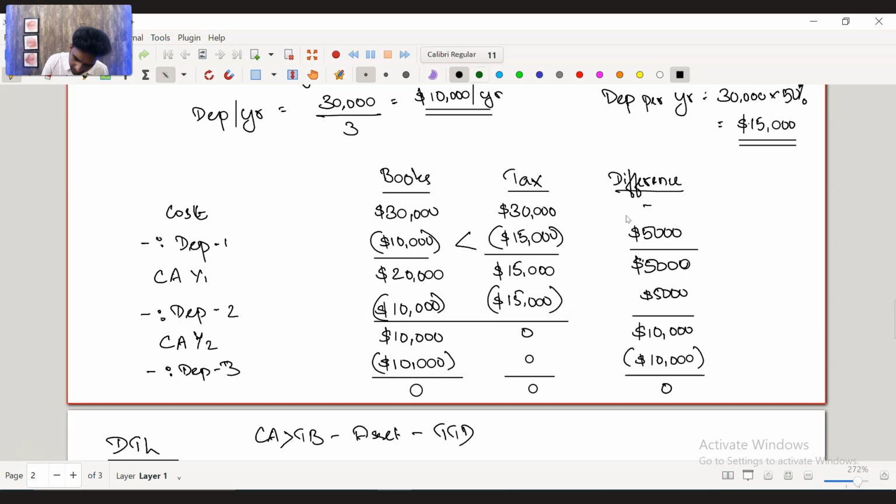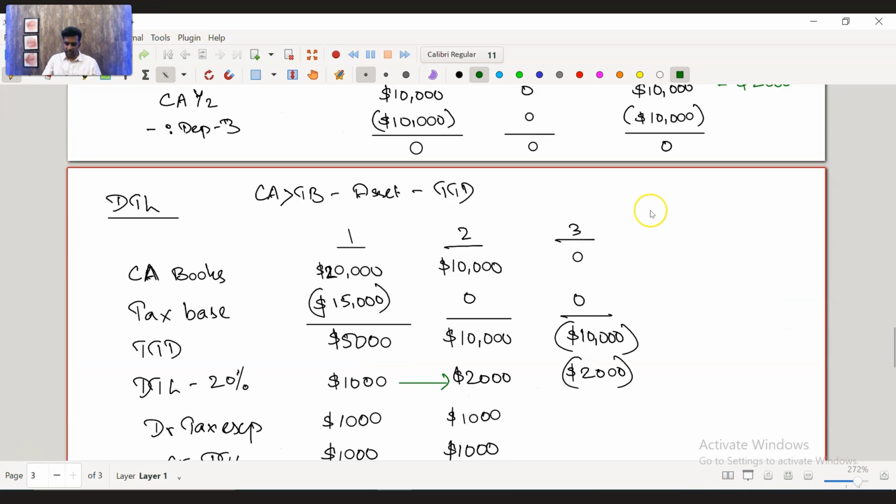In the first year, you have a tax difference, so the amount is 1,000. The second year depreciation, you have $1,000. So 1,000 plus 1,000, your total deferred tax became 2,000. That's how your deferred tax liability is increasing.